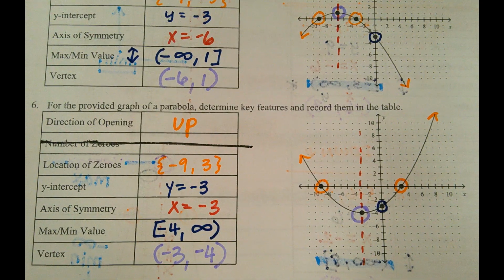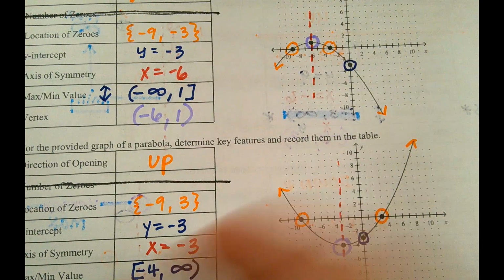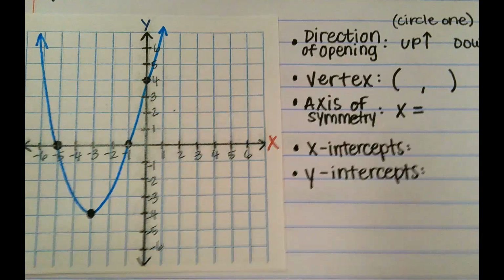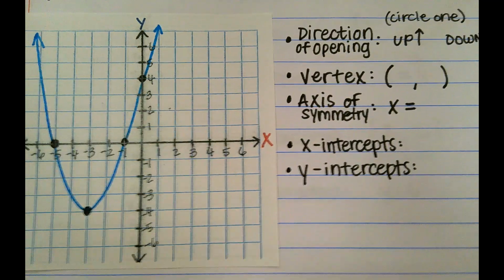I'm going to give you your exit ticket, which I already have made. I just need to run copies for you all. So I'm going to display that on the board in case any of you want to start working on it, or if you just want to look at it. But this will be the problem for your exit ticket.